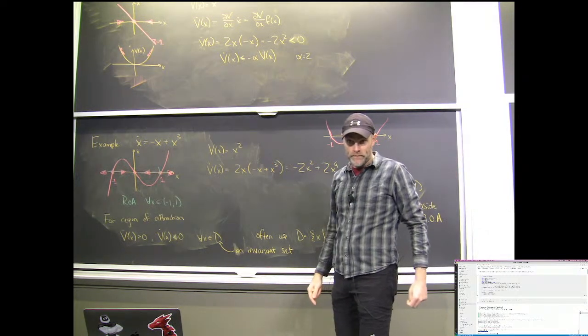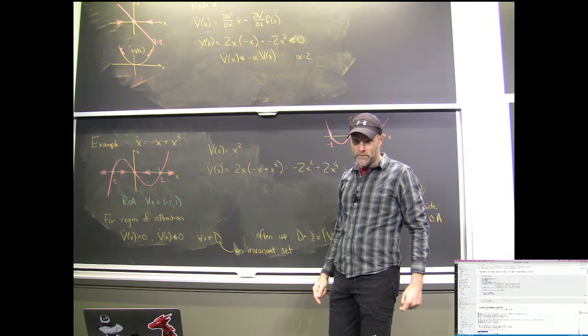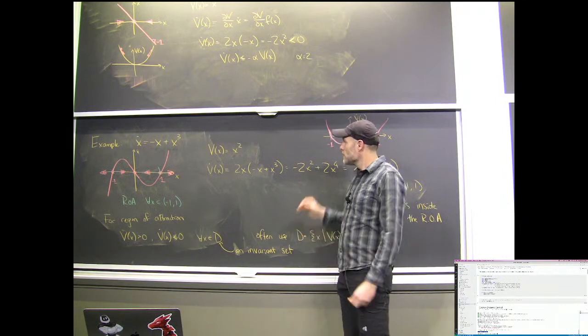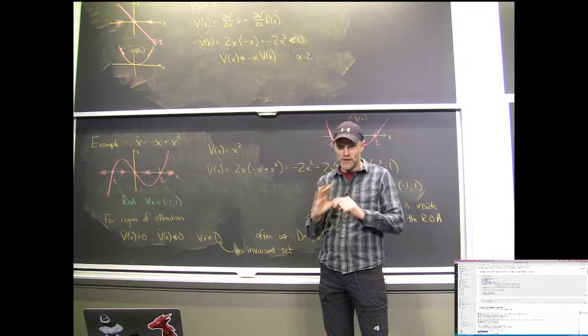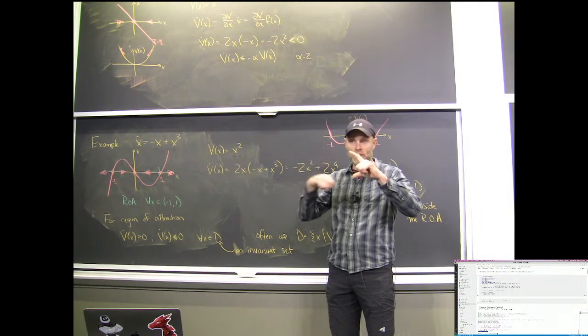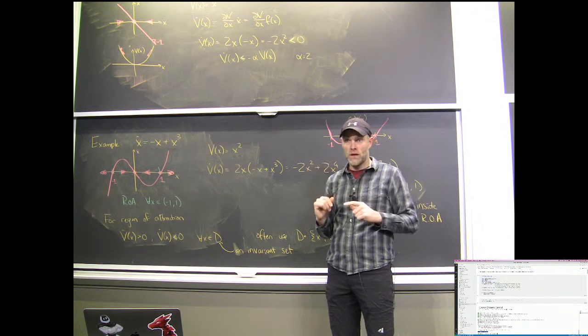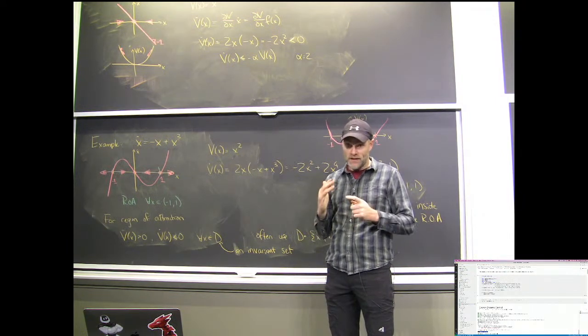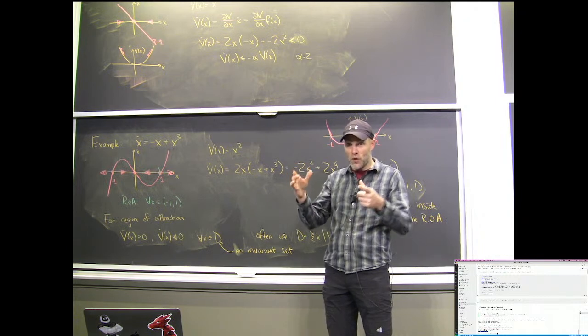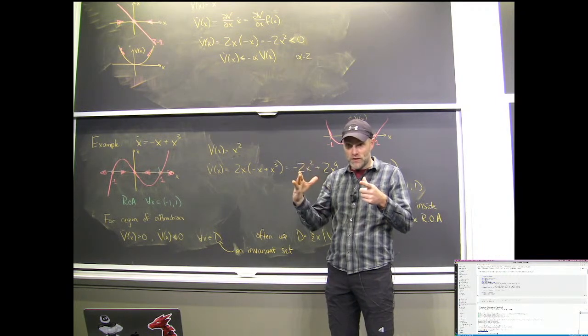Could you clarify again what a level set is and what an invariant set is? The definition of an invariant set says that if my system starts in this region, it will not leave this region. As the dynamics evolve, you'll stay inside the region. One way to get an invariant set is to have a Lyapunov function where you know that V is going downhill over some region.